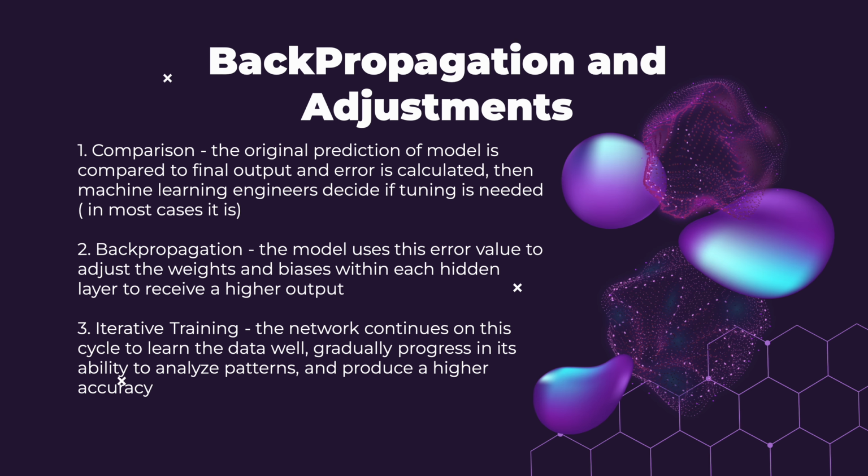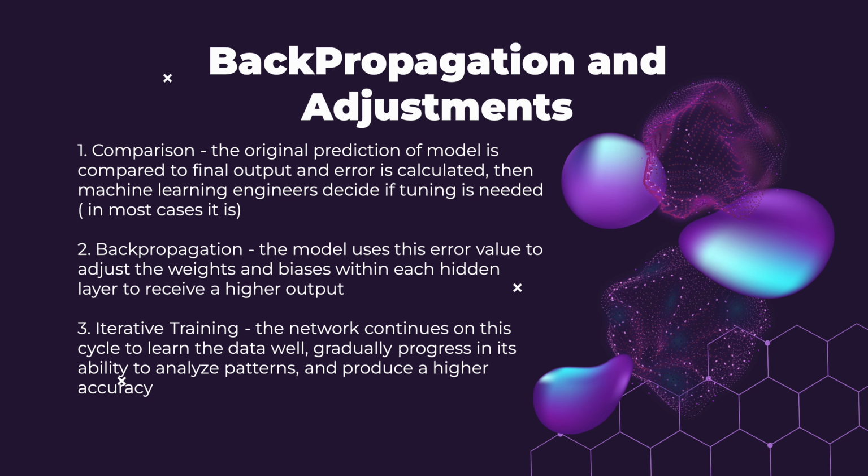Back propagation. So the model uses this error value to adjust the weights and the biases within each layer to receive a higher output. So once this error is calculated, the model kind of goes in and says, in this neuron, this weight needs to change to get a higher accuracy. So it's kind of self-adjusting, but there is also a lot of engineering that goes into it besides the actual model adjusting itself.